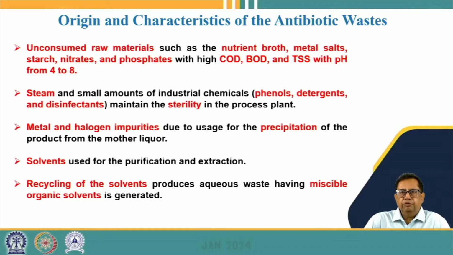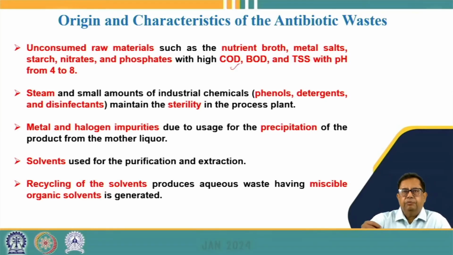If we talk about the wastewater characteristics, a lot of unconsumed raw materials, for example the nutrient broth we use, the metal salts used for precipitation, starch, nitrates and phosphates, all become characteristics of the wastewater generated from antibiotic plants.